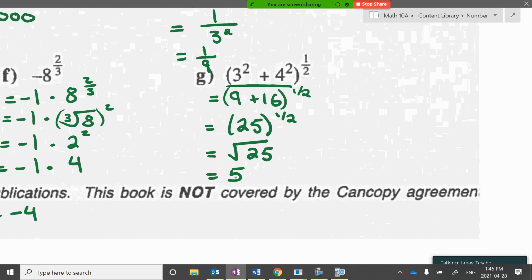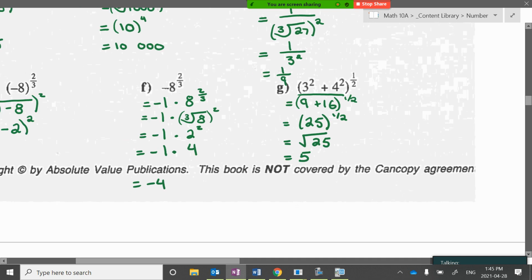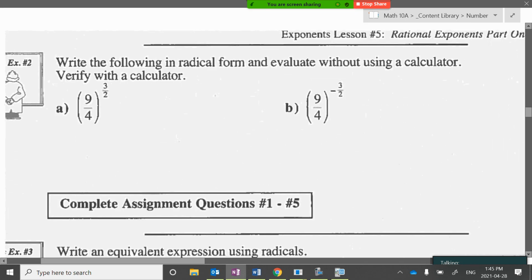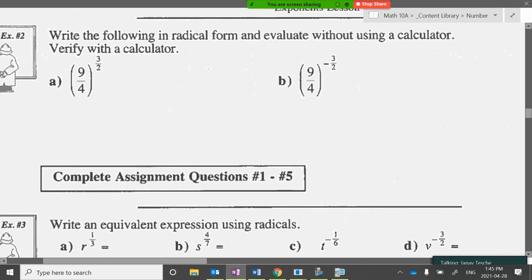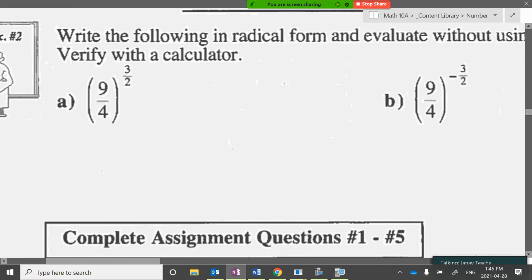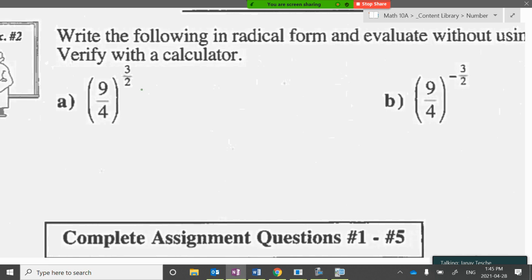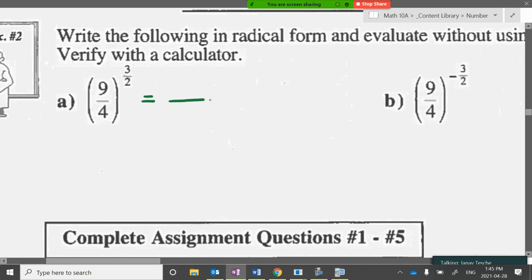Okay, let's go over class example 2. So turn your page. What's the difference between these two? Good. The first one is positive, my second one has a negative. When I have a fraction to the power of a fraction, my exponent goes to both of them. This is how I would encourage you to do it: it's really saying 9 to the power of 3 over 2 and 4 to the power of 3 over 2.